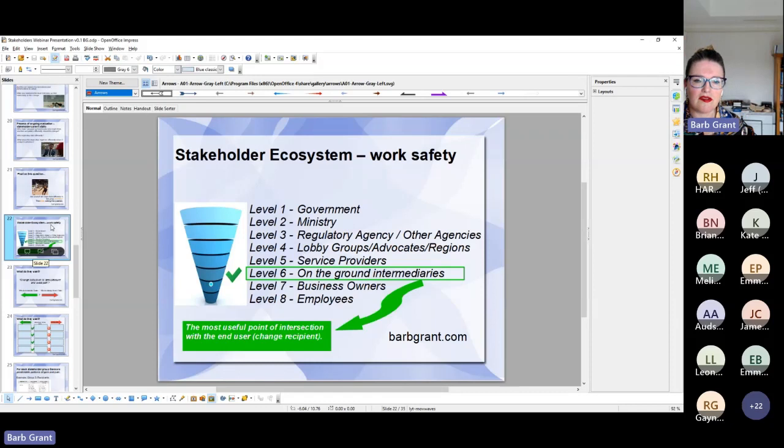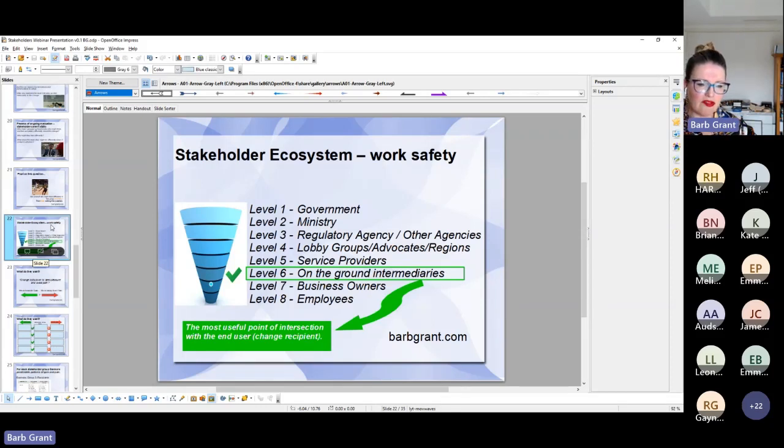And so in terms of this example I've given here, I've just shown you how this flow of activity looks. And what we found for the particular thing that we were working on for this initiative was that the most effective point of intersection we had was the on the ground intermediaries, okay, which was people like occupational therapists and nurses who were going into the workplaces, were known. They already had the trust and confidence.